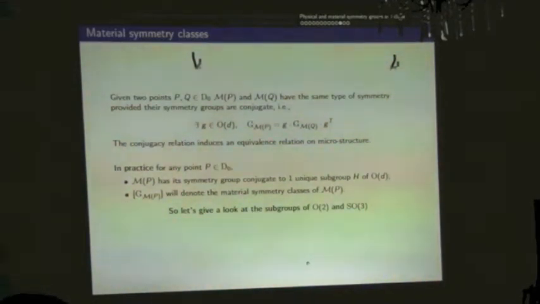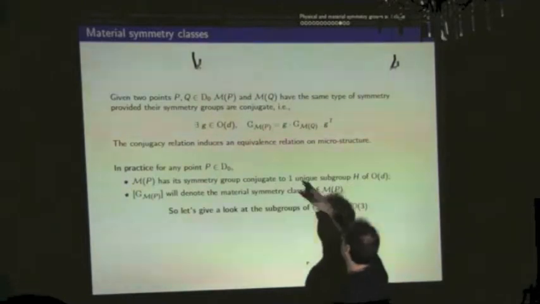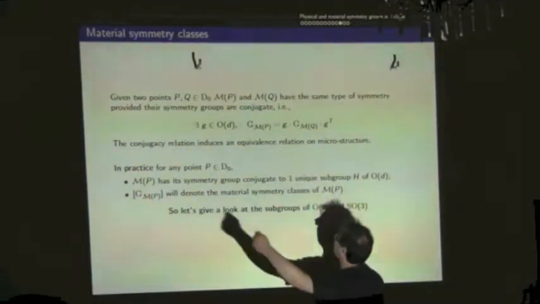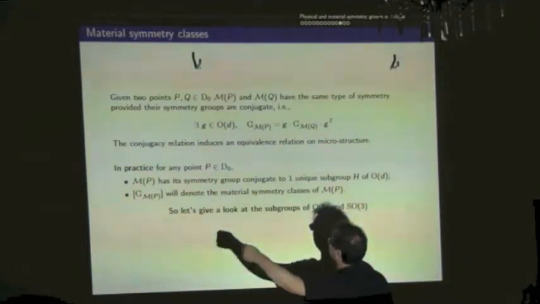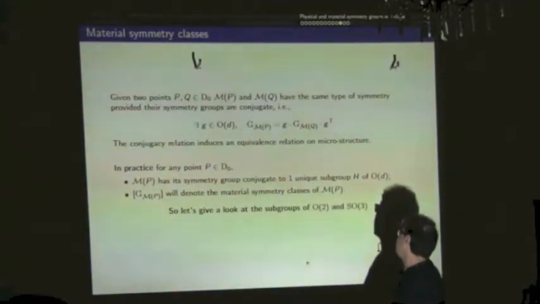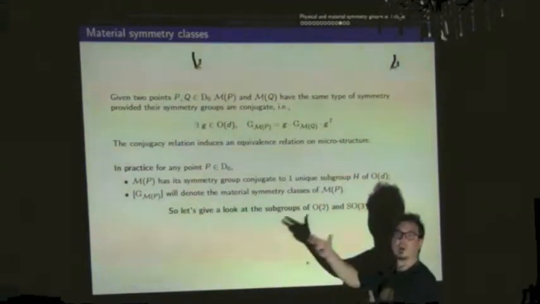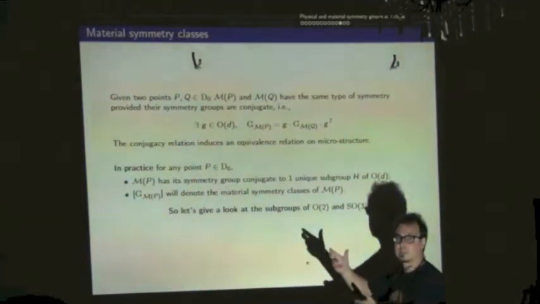For 2 points with symmetry group, these two groups are of the same type if they are conjugate. The conjugation is the fact of left multiplying by G and right multiplying by the transpose of G. It means that you turn all the elements, your symmetry elements.